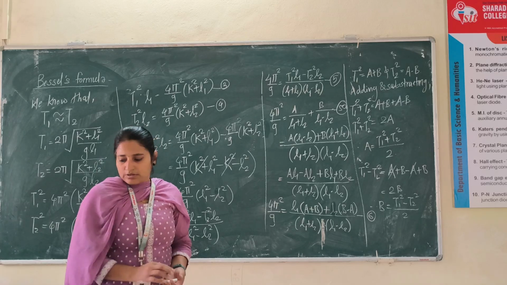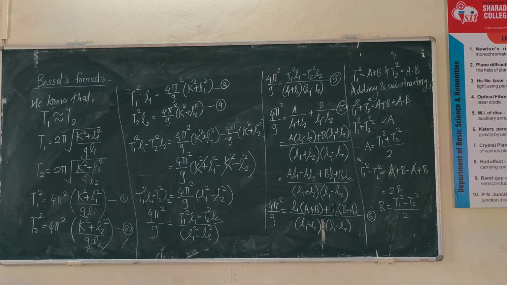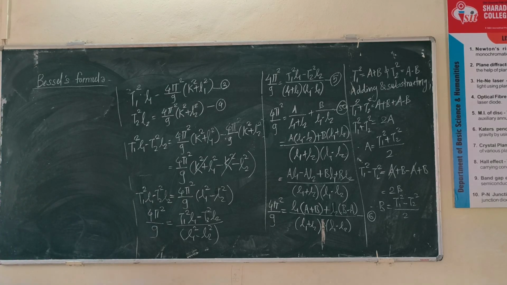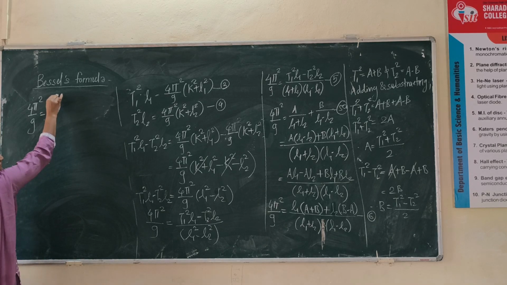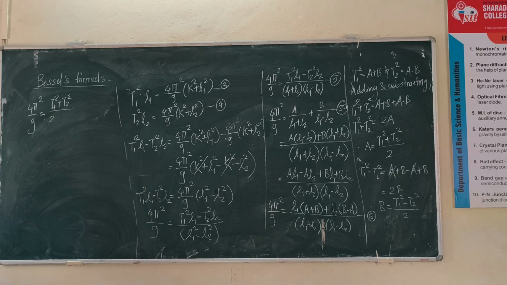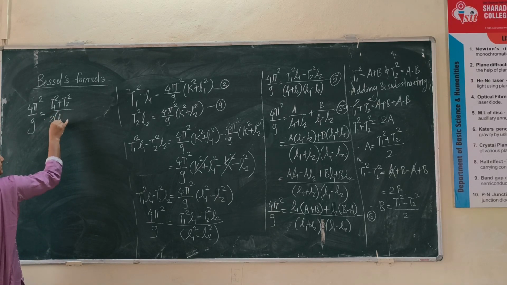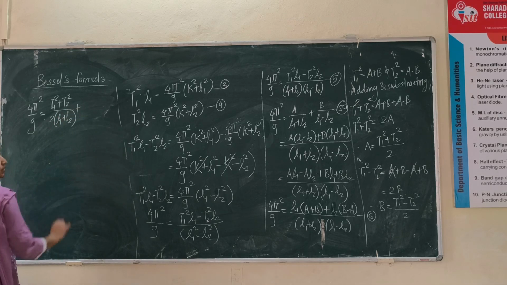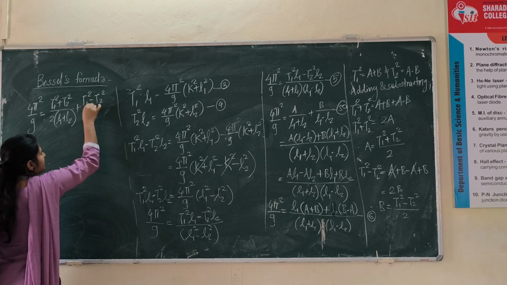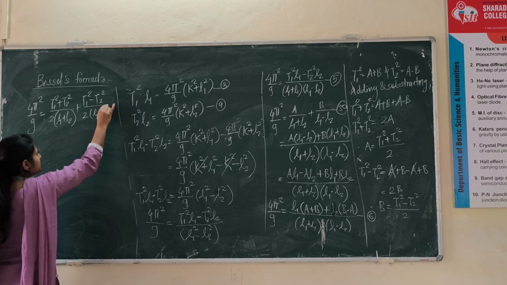Okay, so the equation becomes 4 pi square by g is equal to (T1 square plus T2 square) divided by 2 in bracket (L1 plus L2) plus (T1 square minus T2 square) divided by 2 (L1 minus L2).